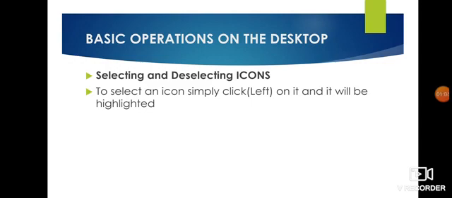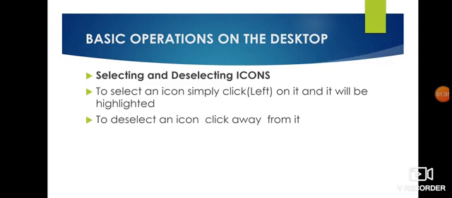Whatever icon is available on your desktop screen, go to that icon with the mouse pointer and press the left button of your mouse on it, so that the selected icon will be highlighted and you can easily identify that this icon is selected.